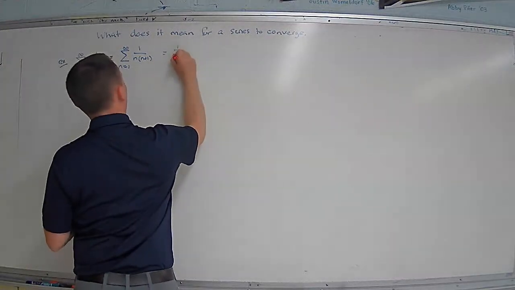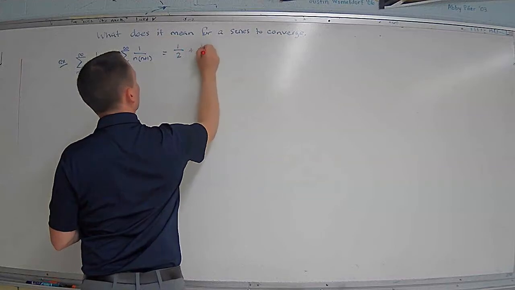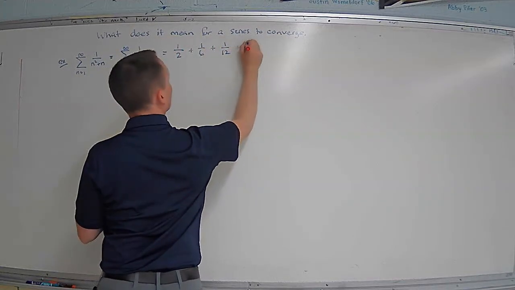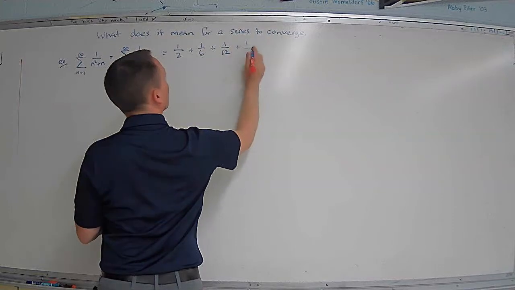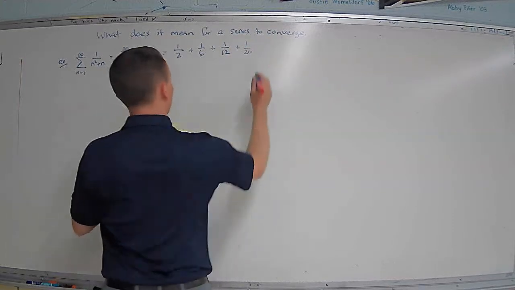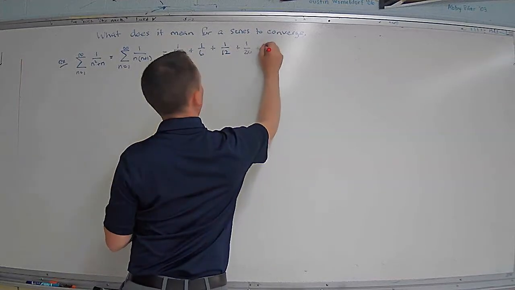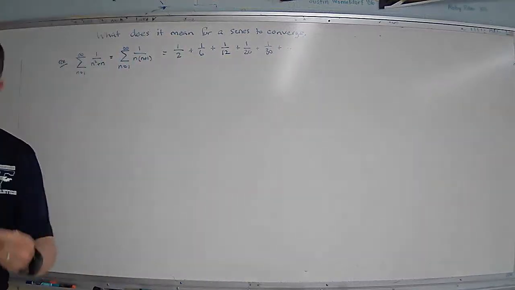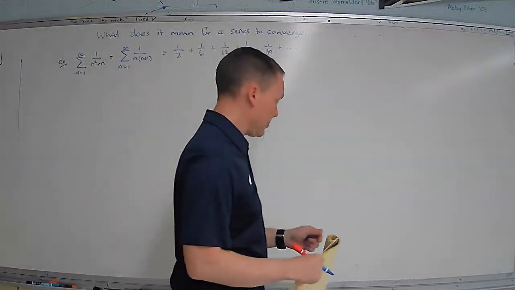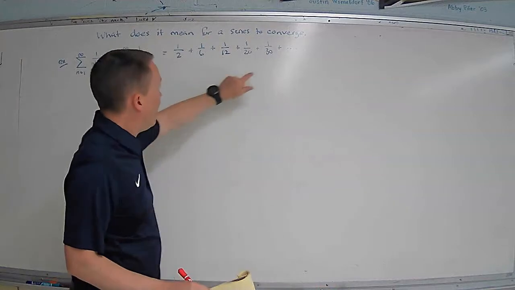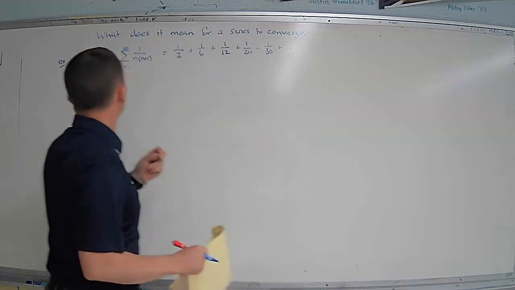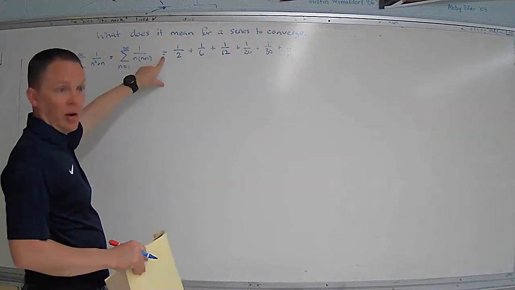You guys calculate them with me. 1/2 plus 1/6 plus 1/12 plus 1/20 plus 1/30, dot dot dot. A couple of things about notation here. This plus dot dot dot is only legal if I use this equal sign.